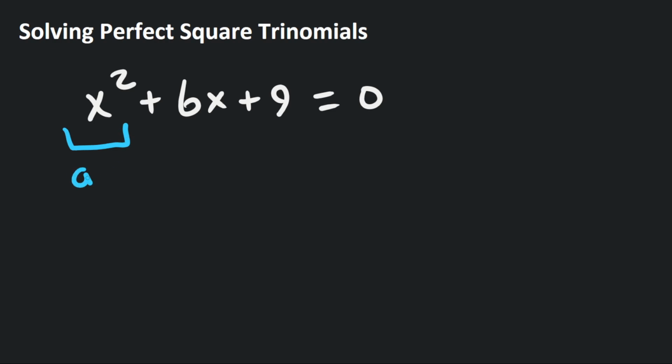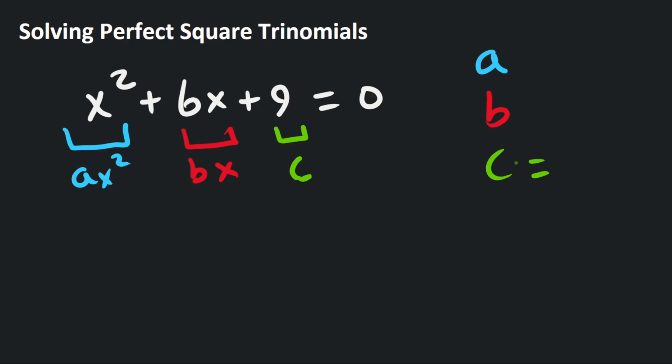We have our ax squared right here, plus our bx right here, plus our c right here. And what are our a, b, and c equal to? So a, b in red, and c in green. What are these all equal to?